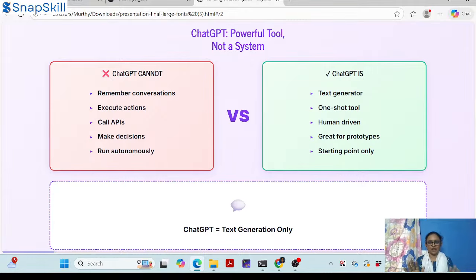So you can take away: ChatGPT is not writing your code. You have to use ChatGPT as a tool. That is very, very important, because ChatGPT does not have any memory. Okay, it cannot execute any actions. It cannot call APIs. It cannot take decisions. It cannot run automatically. So you are not replaced by ChatGPT. Not only ChatGPT, any LLMs which have APIs.